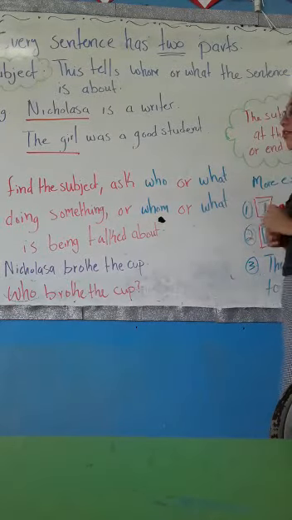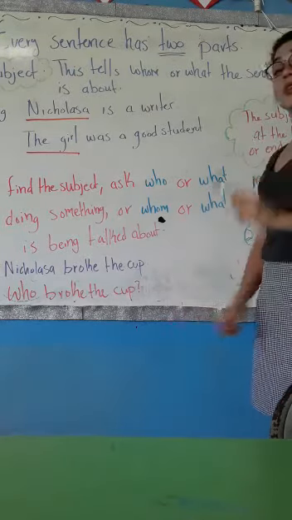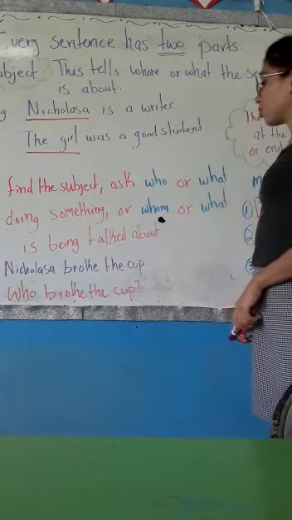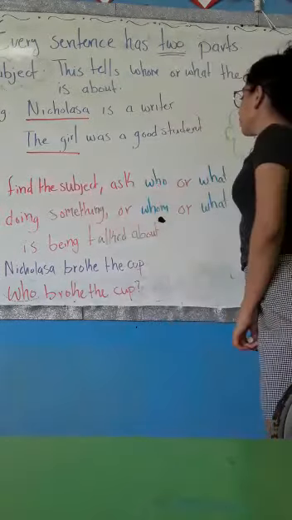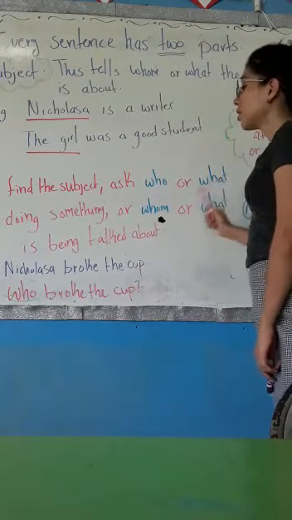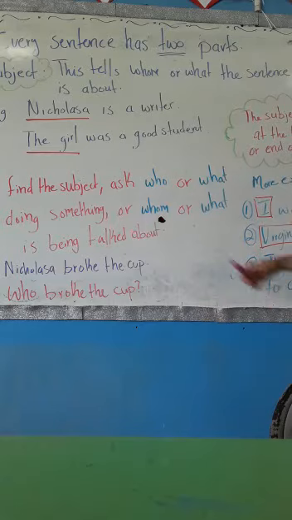Now when you want to find the subject in your sentence, this is something that you can ask yourself, and it makes it a lot easier to find the subject. To find the subject, you ask who or what is doing something in the sentence, or whom or what is being talked about in the sentence.